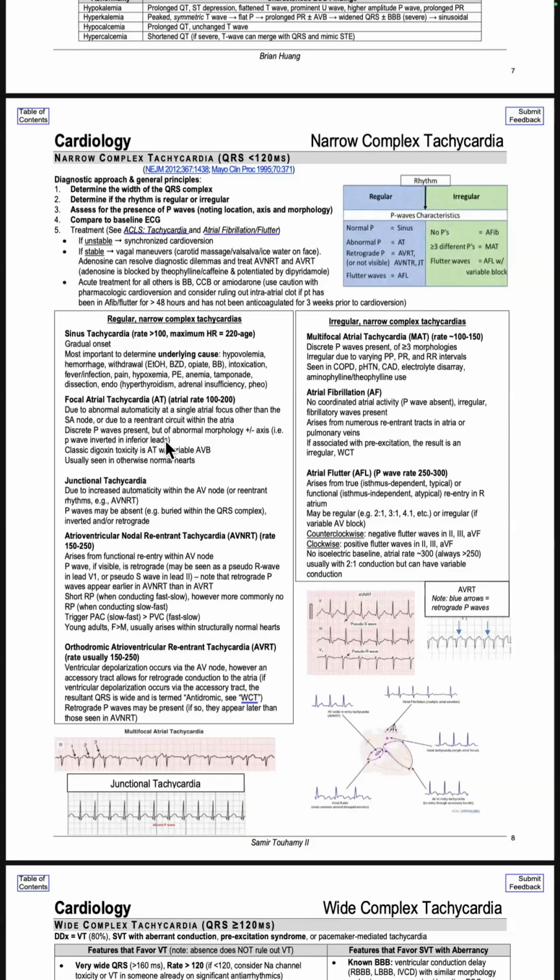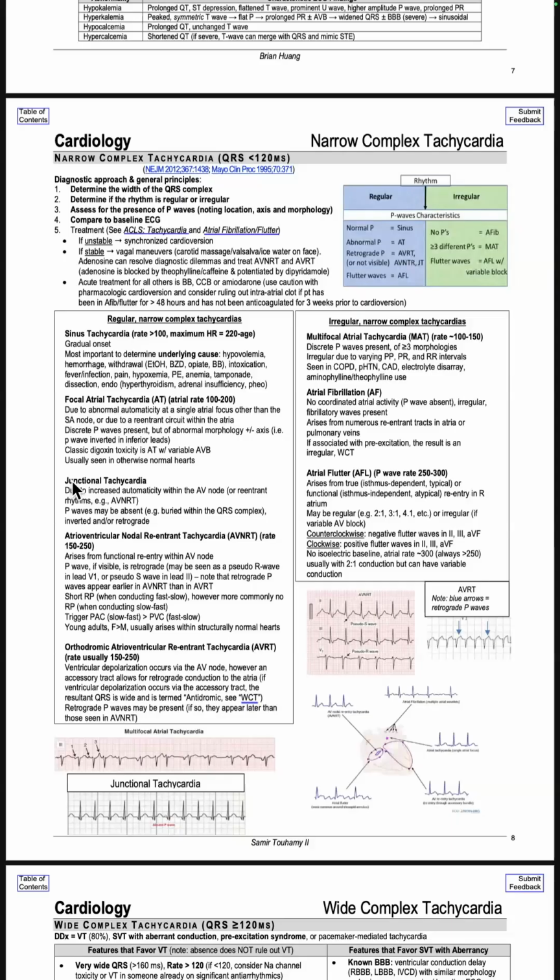For example, the P waves will be inverted in the inferior leads 2, 3, and aVF. The classic cause is digoxin toxicity, and you can also have this in normal hearts. A simple way to identify this is if it's regular narrow complex tachycardia and there's abnormal P wave morphology, it's likely atrial tachycardia.